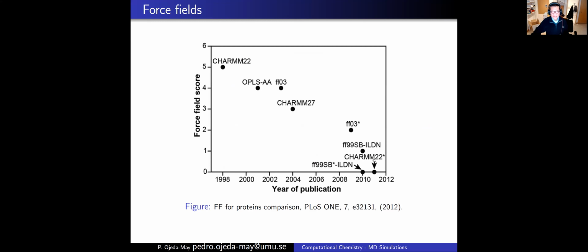So here is a comparison of the different force fields, or some of the force fields that can be found in the literature. We find the CHARMM force field, and there are different versions of this force field, starting from the 22, and now it's going to the 36 version. And there is also the OPLS force field.